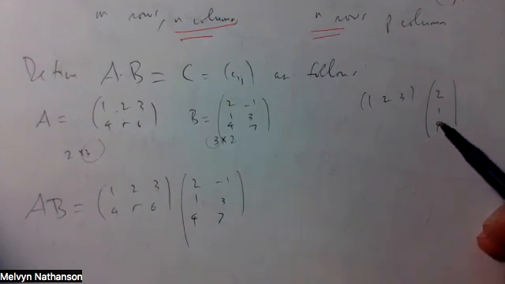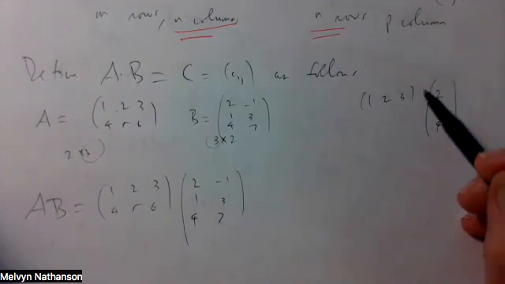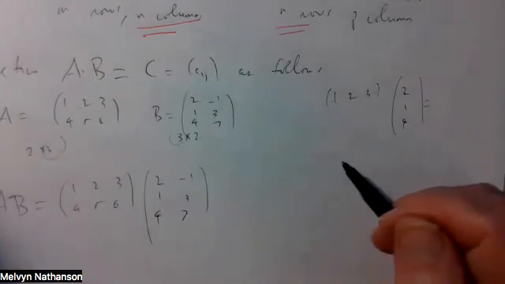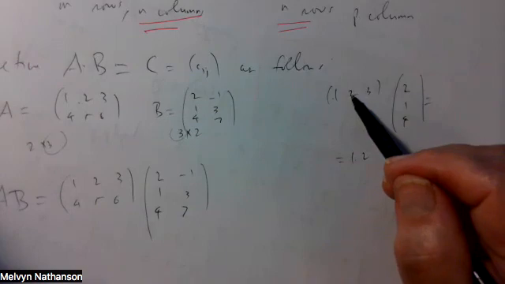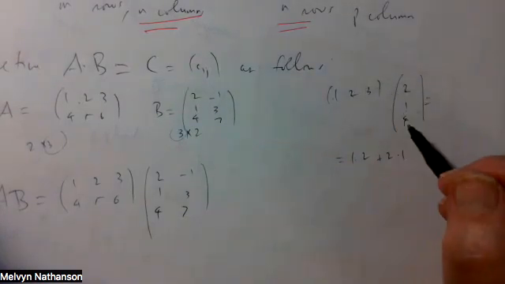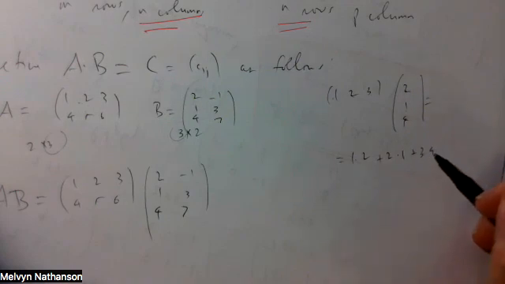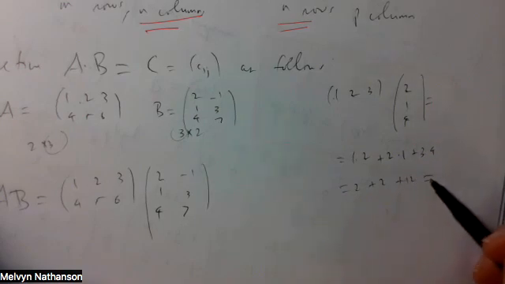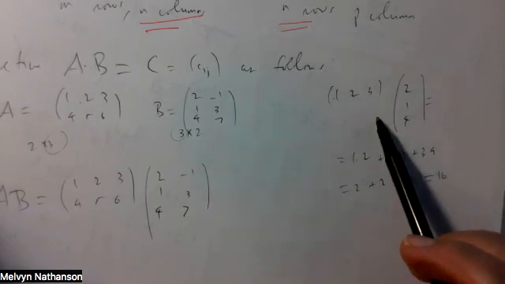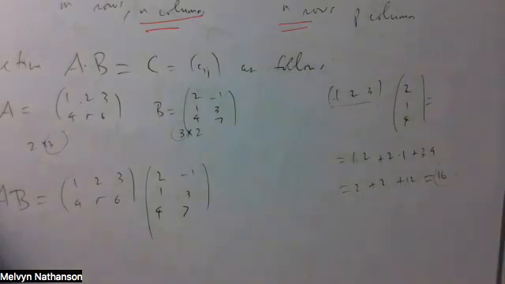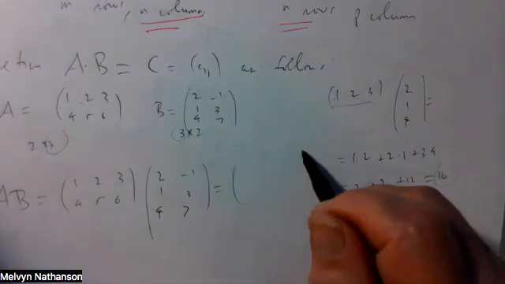Here we have 3 vertical numbers. And you just take the first coordinate in each, 1 times 2. The second coordinate in each, 2 times 1. The third coordinate in each, 3 times 4, and you add it up. This is 2 plus 2 plus 12, so this is 16. So the number you get when you multiply this row and this column is 16. And that's how we define matrix multiplication.